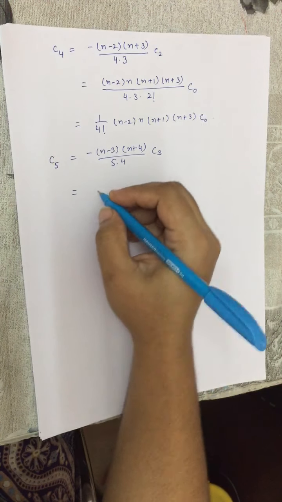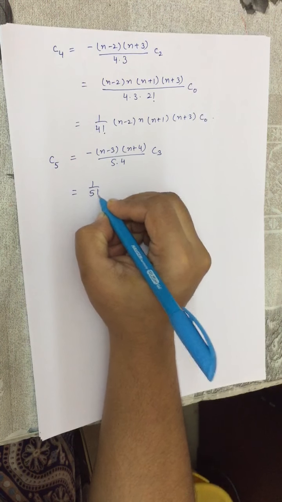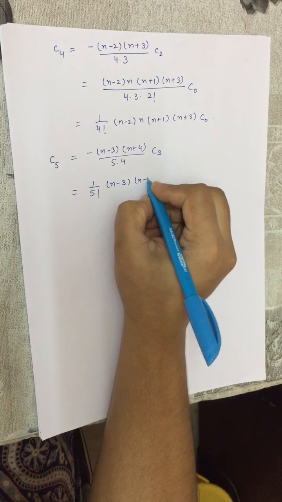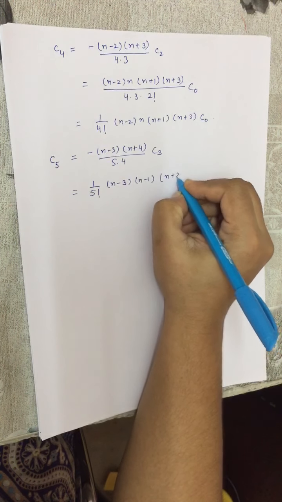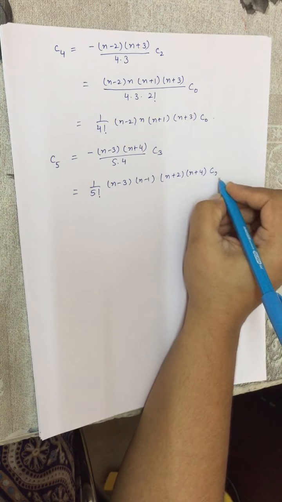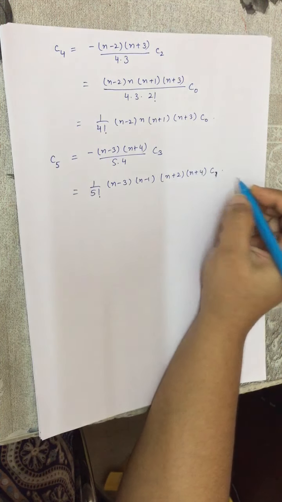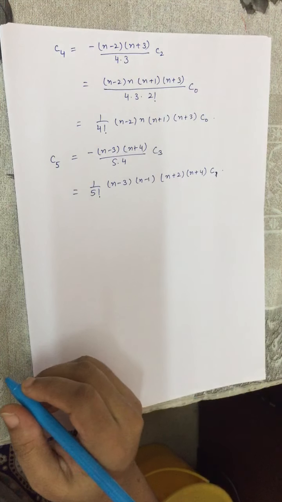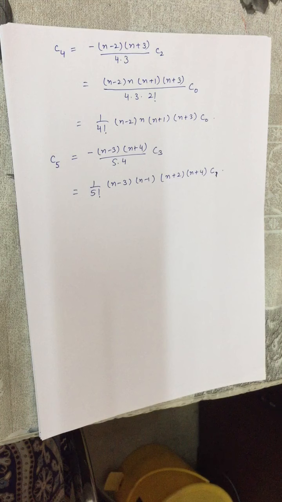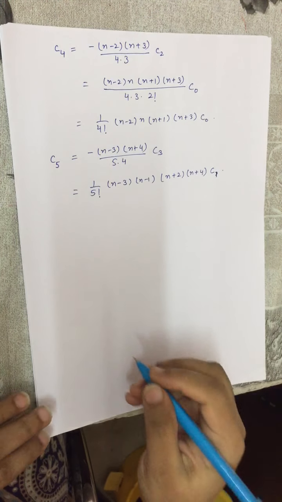Again put the value of C3, so we will get (n-3)(n-1)(n+2)(n+4) C1. So continuing this process, we can calculate all the coefficients Ci's and we get the solution.